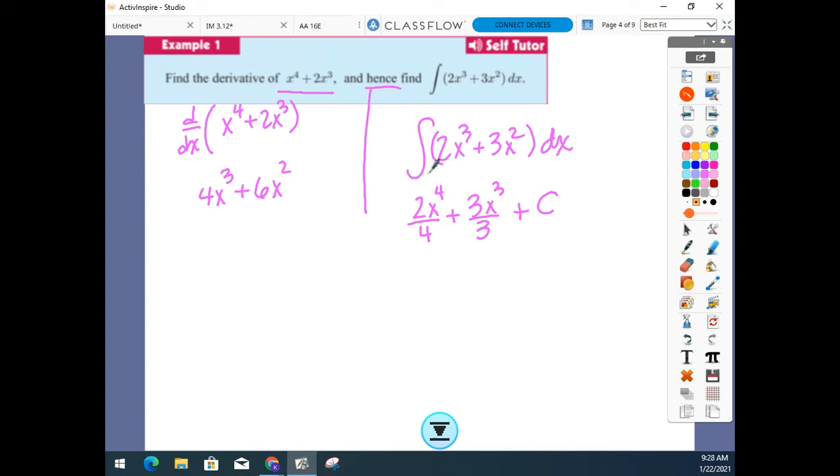And then we just simplify. So 2 over 4 is really 1/2. And you can either write that as 1/2 or x to the fourth over 2. The 3's cancel, so just x to the third plus c.